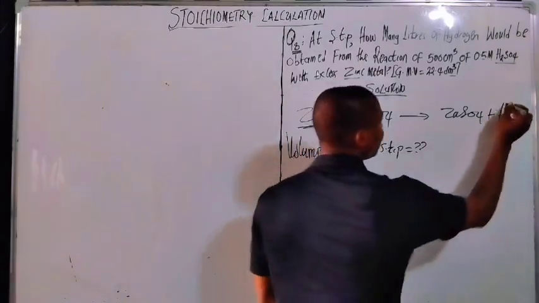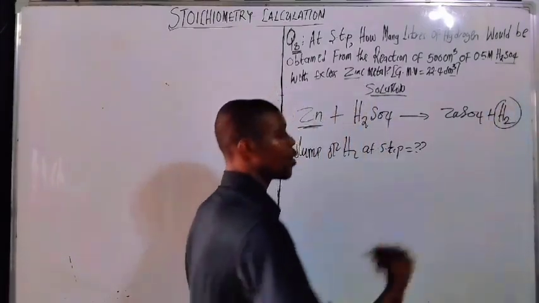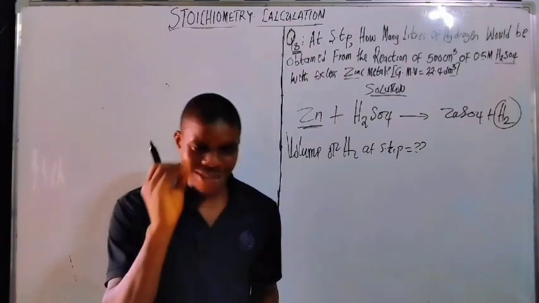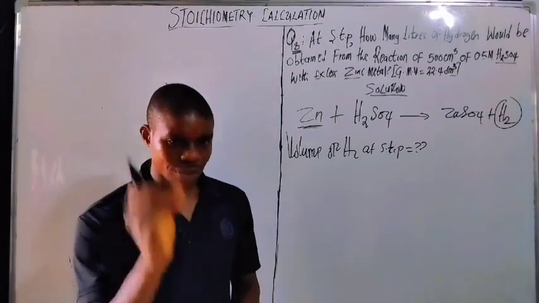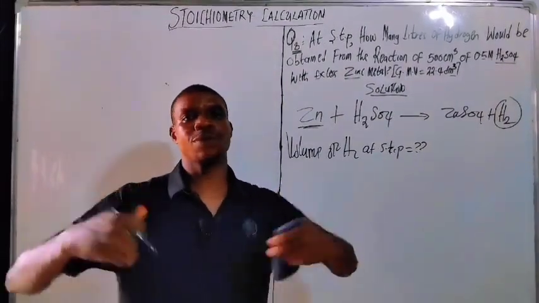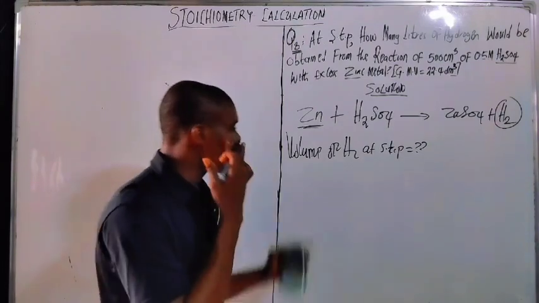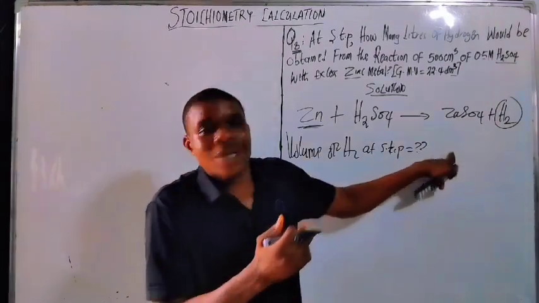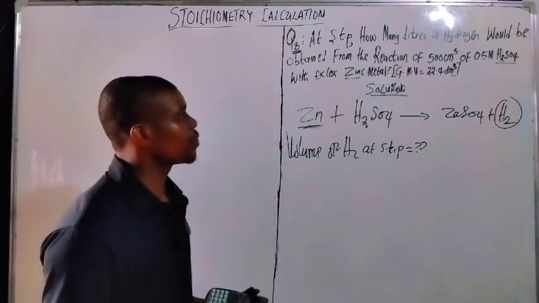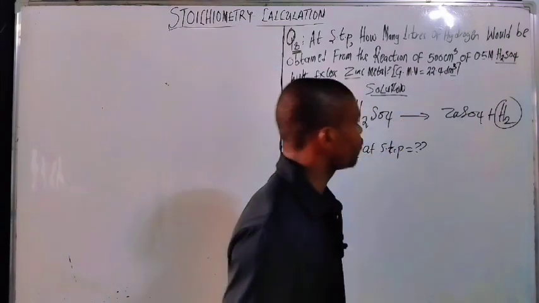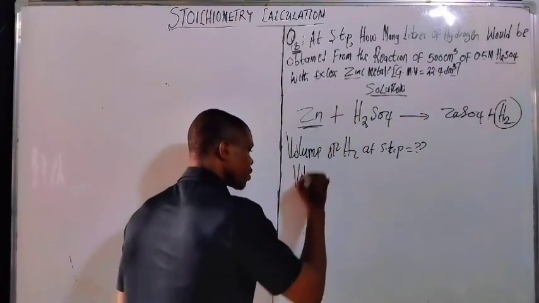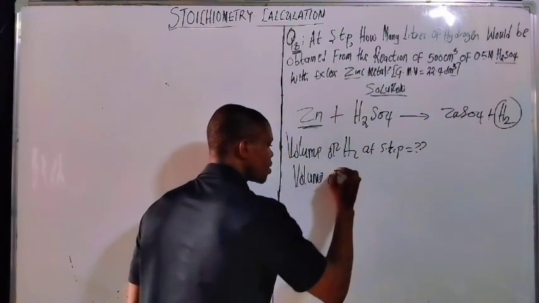They're asking you the volume of this gas at STP that will be liberated. Hope you understand. Please try to understand this question. If you don't understand this question, there's no way you'll be able to solve it. So the volume of H2 at STP is what they say you should look for. Now they want to give us the volume of H2SO4. So volume of what?